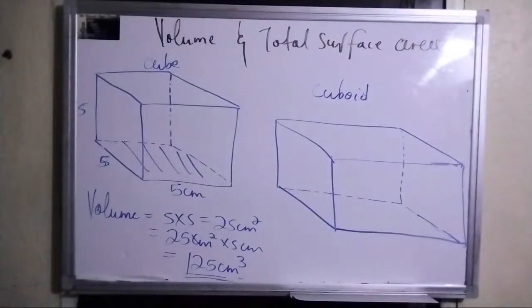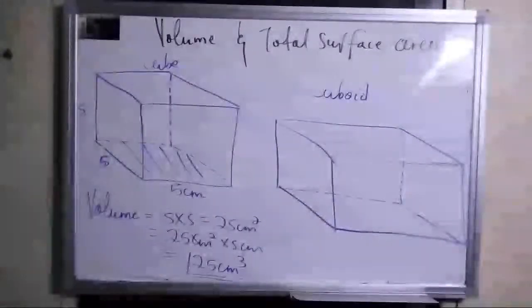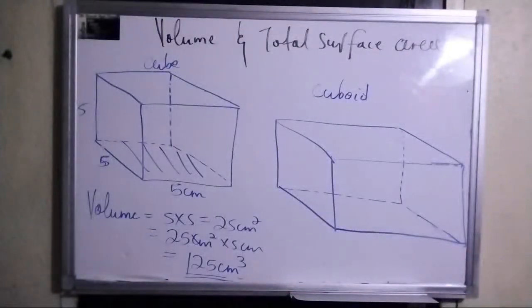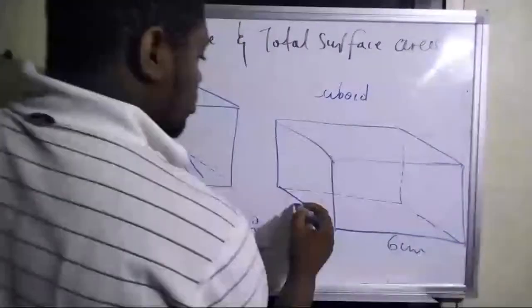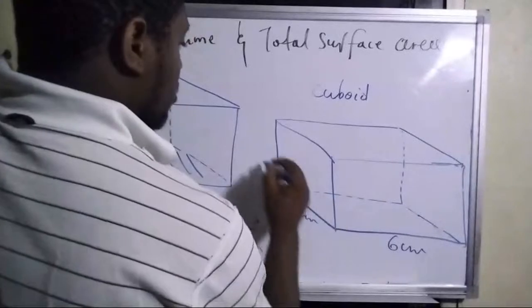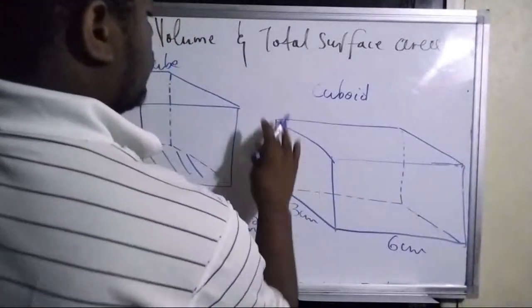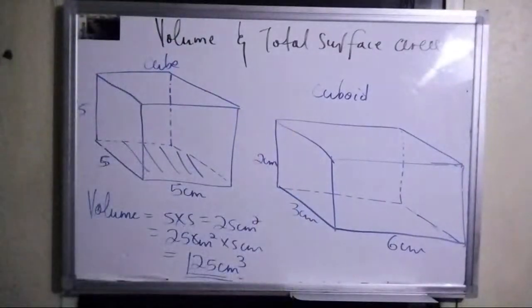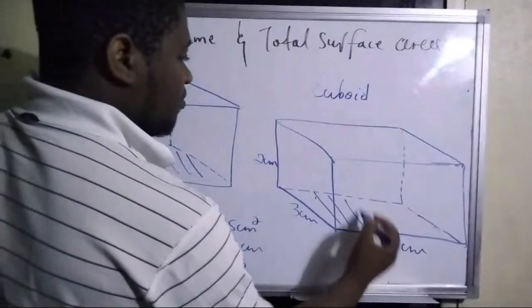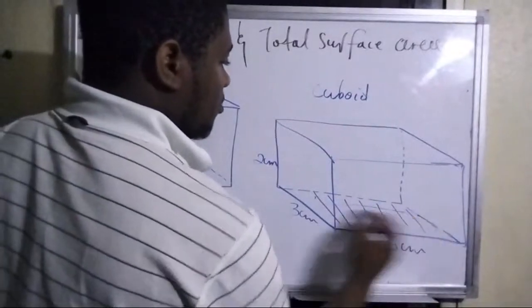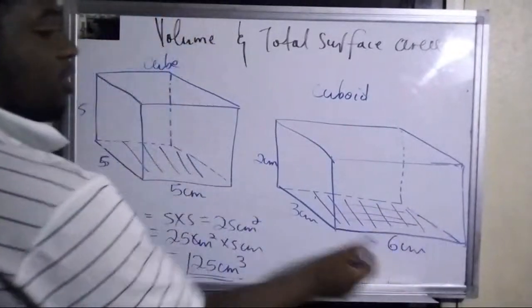Alright, so remember, we're going to look at the volume and then look at the total surface area. Alright, let us say we're looking at the cuboid now. Let's say this was 6 centimeters, this side is 3, and this is 2. And we're asked to find the volume. Again, we find the area for the base. The base is what it sits on. So it would be 6 by 3.